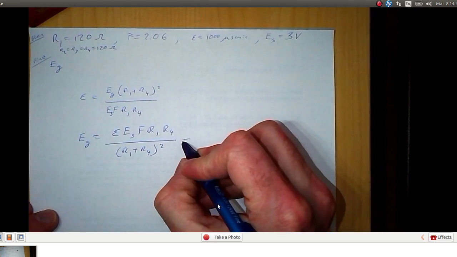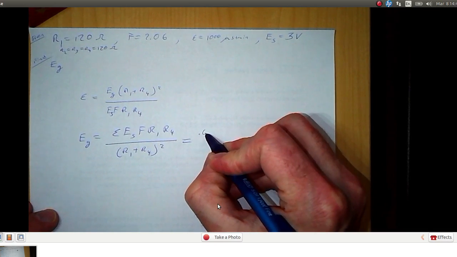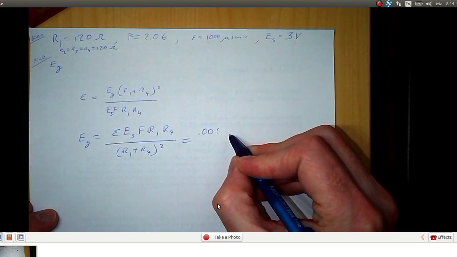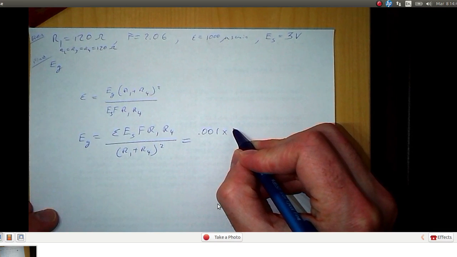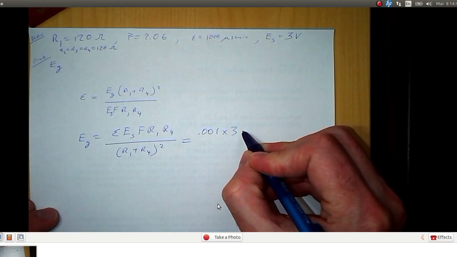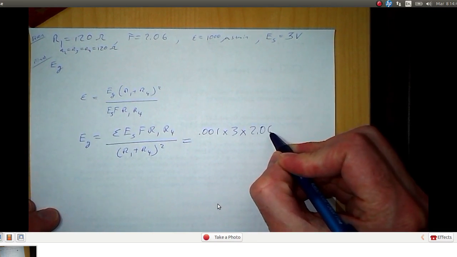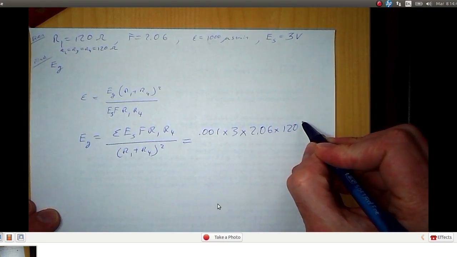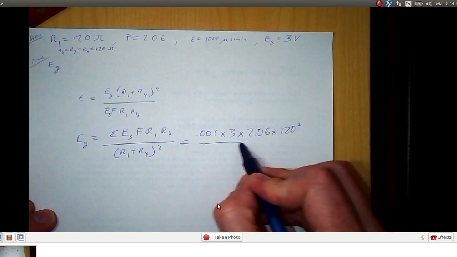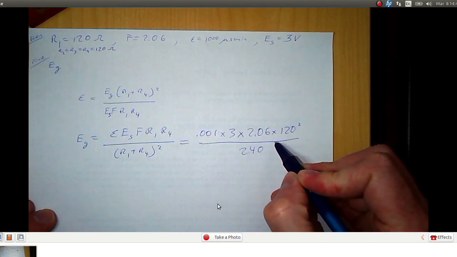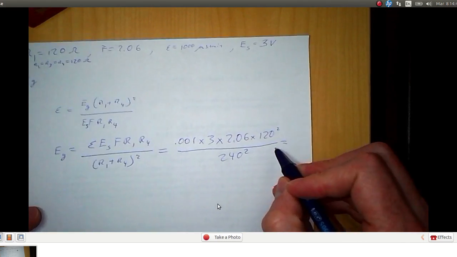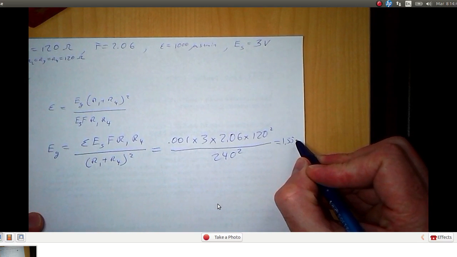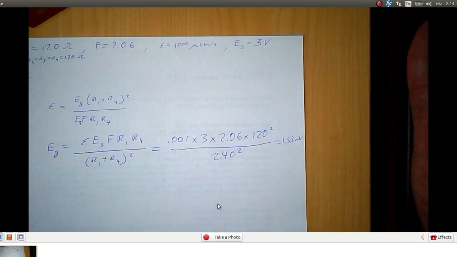And plugging in the values from the problem, we have 0.001, which is our strain, times ES is 3 volts, gauge factor is 2.06, and R1 is the same as R4, which is 120, so 120 squared. And in the denominator we have 240 squared. And so this ends up being 1.55 millivolts.